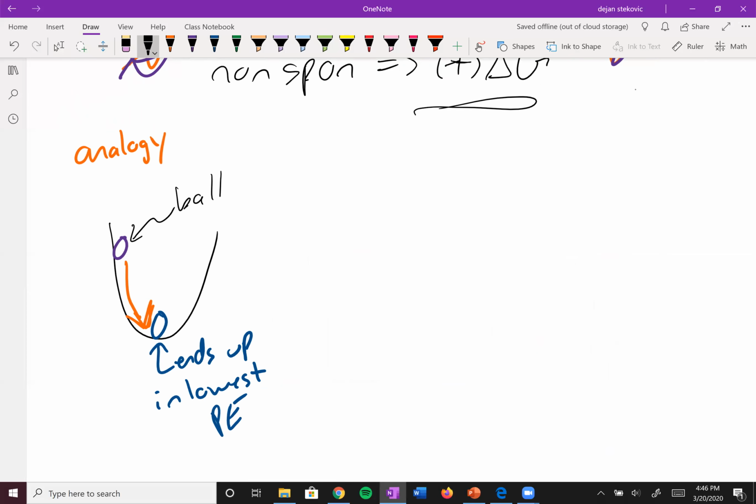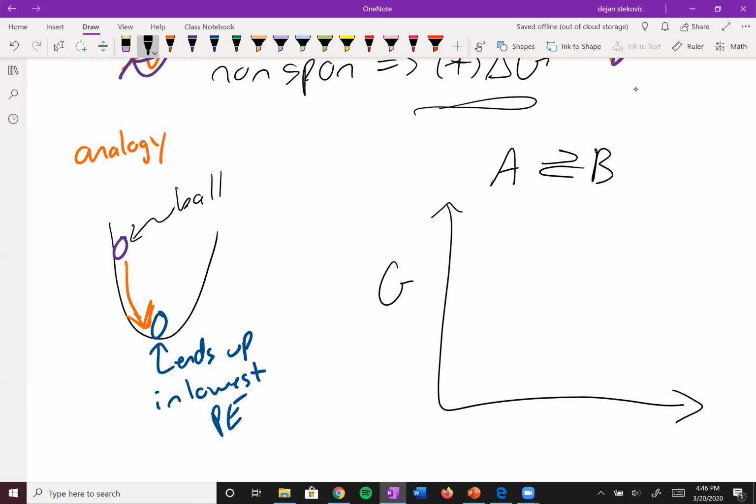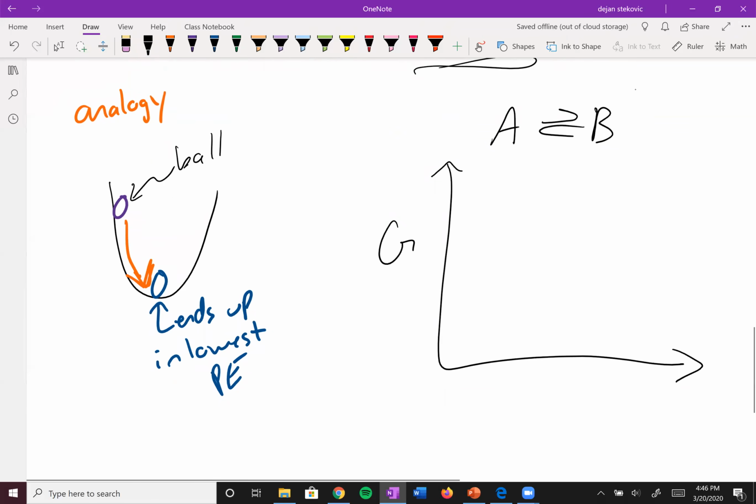Well, we can think about a reaction right now and say, let's say A is in equilibrium with B. And here, instead of potential energy, we call this Gibbs energy. That's our chemical potential. And this here is our reaction progress. And then the two ends of our hills will be A and B. On one side, we've got A, on the other side B.